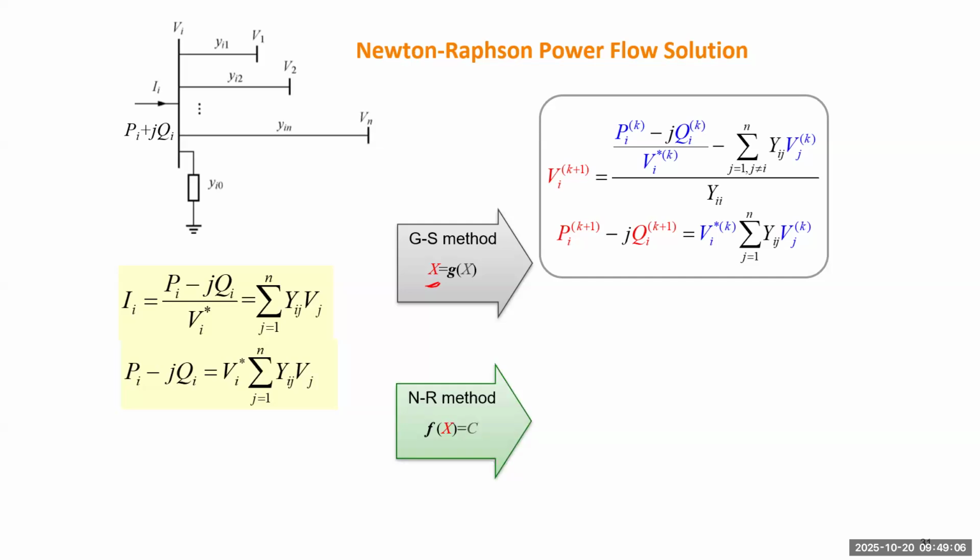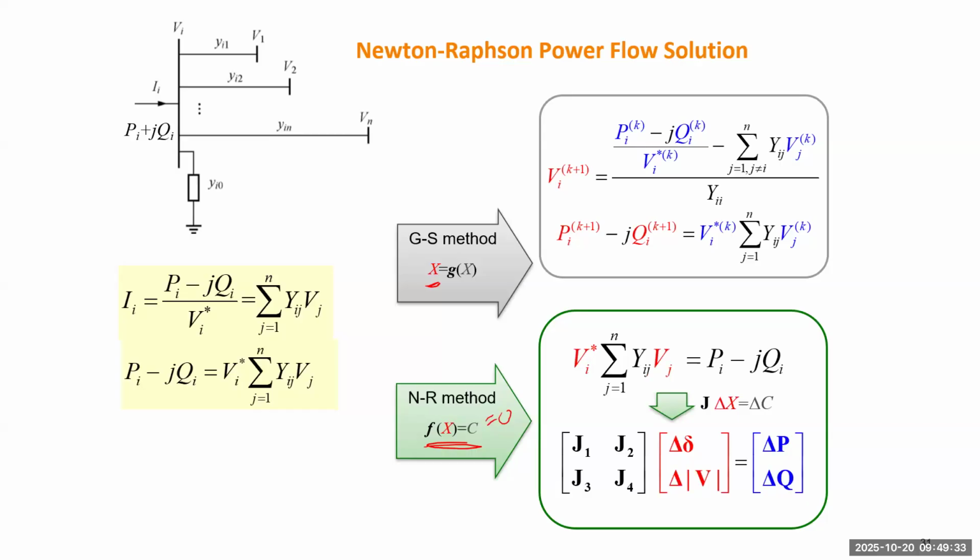For the Newton-Raphson method, we have this equation. We don't have to split the unknown variables x into two types, one on the left, one on the right, because we can move them all to one side. So C here doesn't have to be anything in particular, it can even be 0. C just indicates some general nonlinear equation.